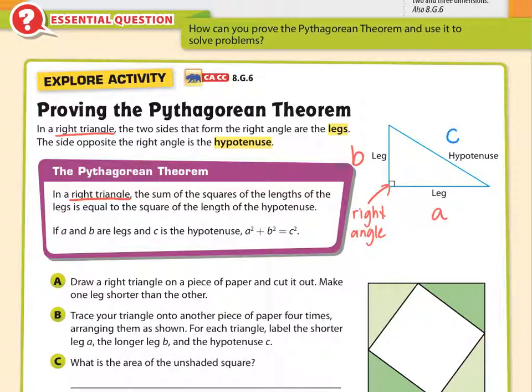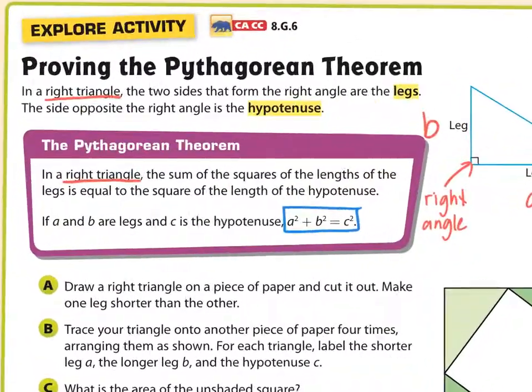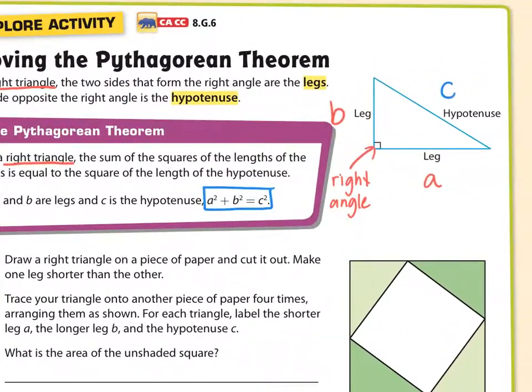So our formula is A squared plus B squared equals C squared. I don't generally like using that formula, so please write this down. I prefer the formula leg 1 squared, which means times itself, plus leg 2 squared equals the hypotenuse squared.